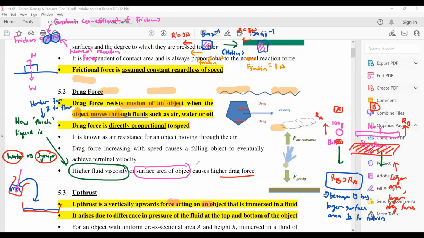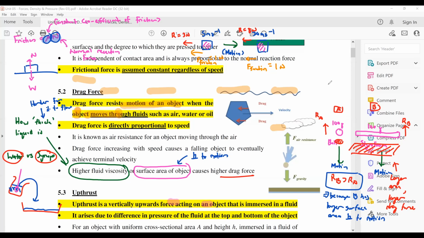So when we talk about the surface area of the object, it is normally the surface area perpendicular to the motion. So this one is my motion. This one is also my motion. When we talk about the area, we talk about the area that is perpendicular to your motion, which is this one here. So there is drag force.